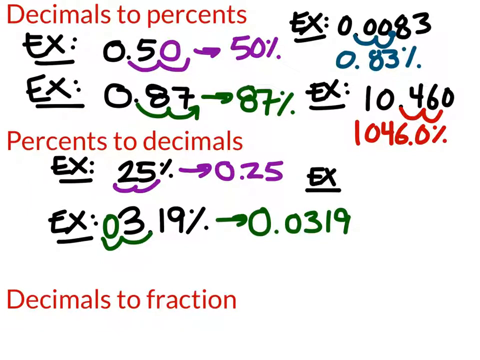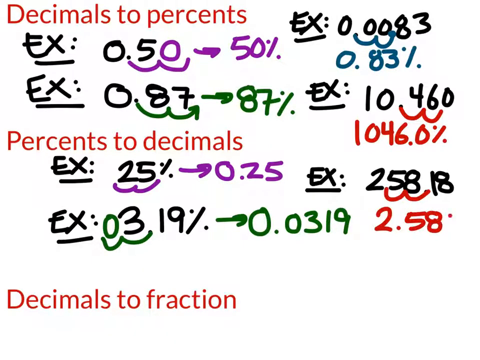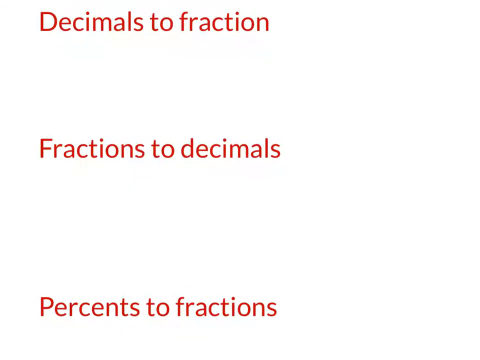This time we'll try a very big number, such as 258.18. Okay. Well, on these, we're still going to move the decimal 2 times to the left, giving us 2.5818. There it is.